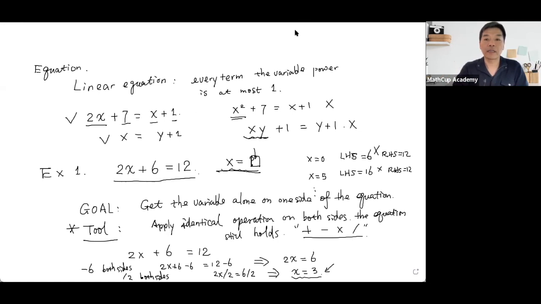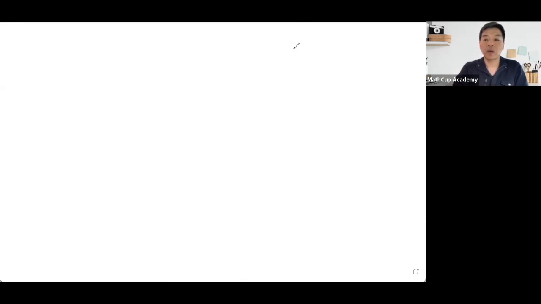Let's look at another example. What about there are more than one terms of x there? So let's look at how to solve x for 5x plus 5 equals 3x plus 1.